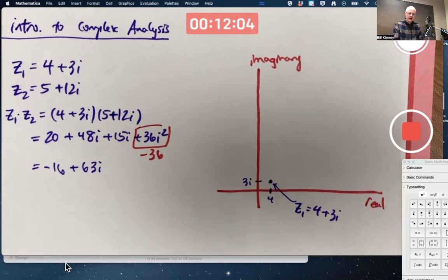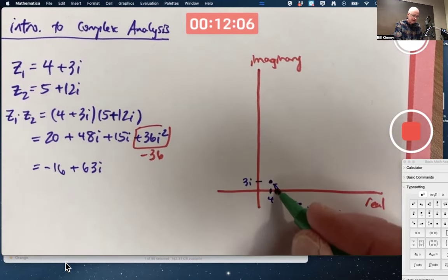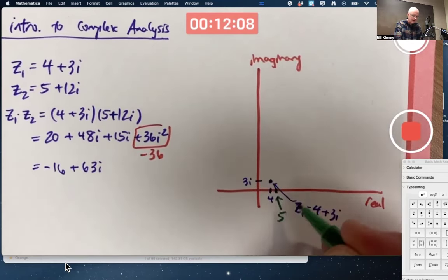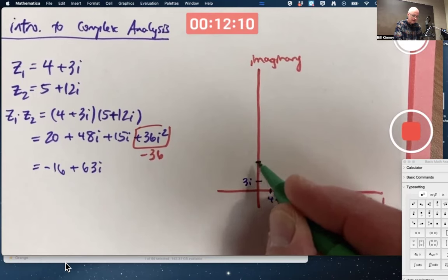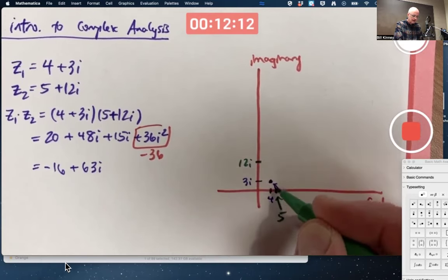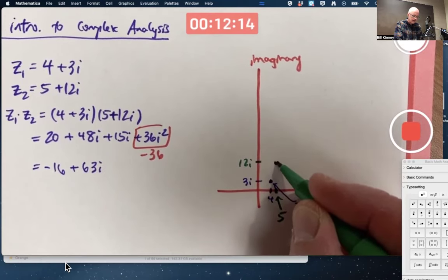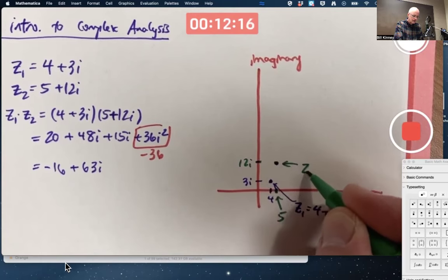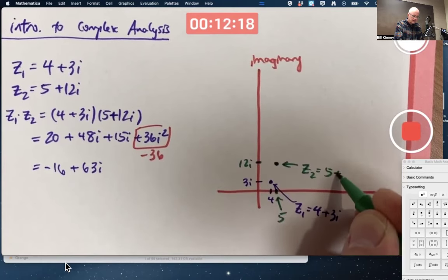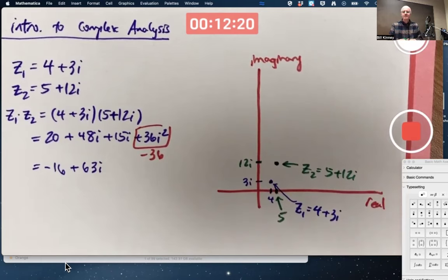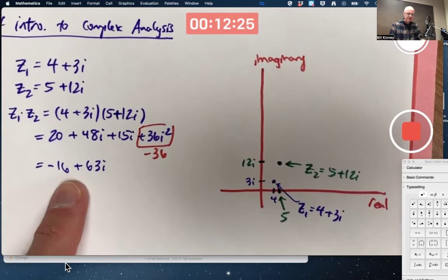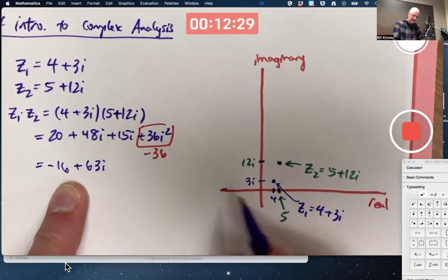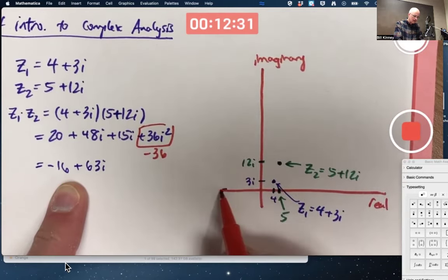Where is Z2? 5 plus 12i. 5 is, say, right about there. 12i, maybe right about here. So I would be at this point, Z2, 5 plus 12i. And then their product, -16 plus 63i, well, maybe -16 is right around here.